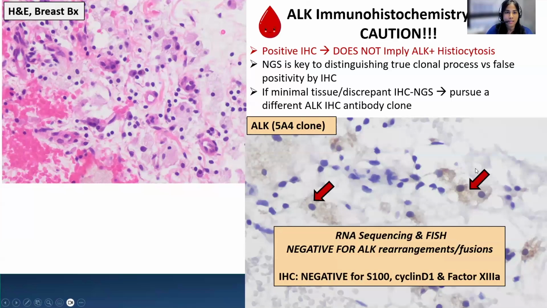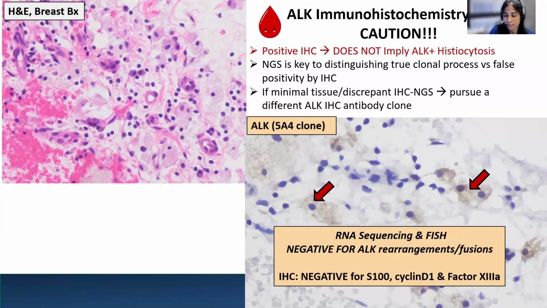This is another case alongside the ALK immunoreactivity and the practical challenges we face in daily diagnostic practice. The ALK immunostain here in this particular case was staining a lot of histiocytes, but the histiocytes were negative for ALK gene rearrangement by both FISH as well as RNA sequencing and did not show any abnormal phenotype, unlike the last case.